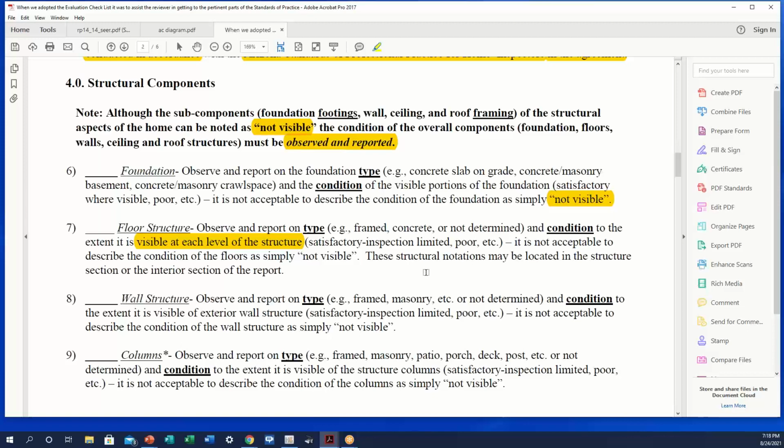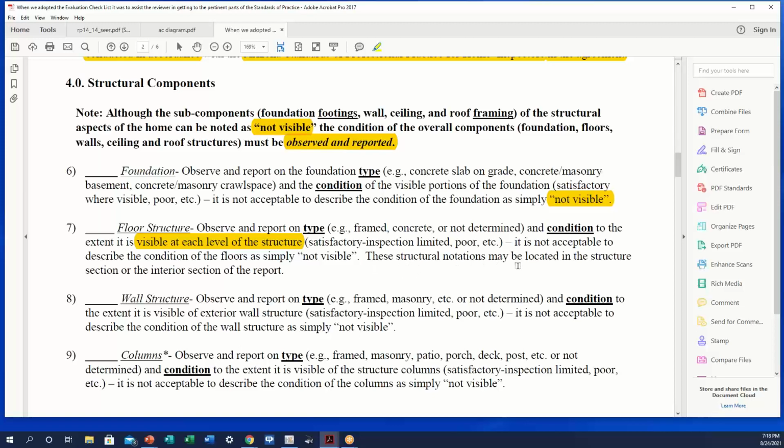I say the floor feels sort of bouncy, and they go, oh yeah, I understand that. I used to write down the floor seems to be deflecting when there are many people standing in the middle of the floor. I don't say that anymore. I just say the floor moved up and down when more than one person was standing in the middle of the second floor framing area. But I just don't have that happen much.